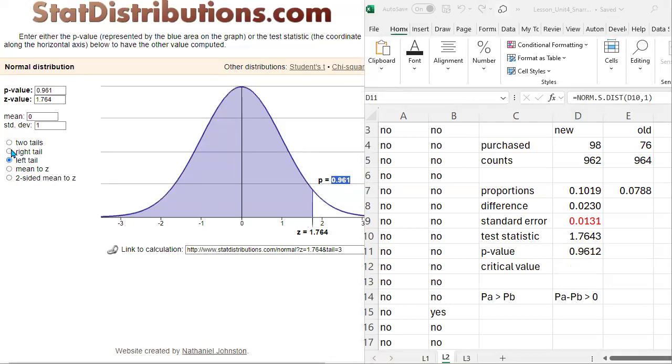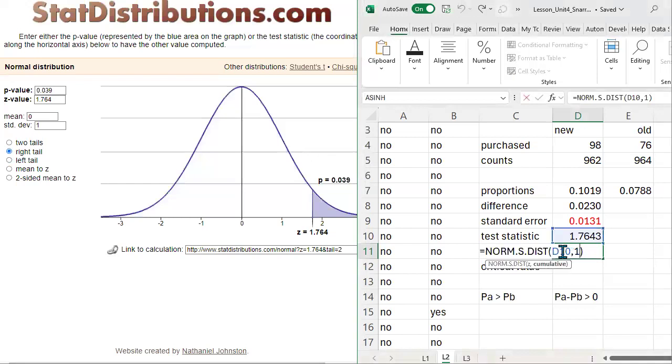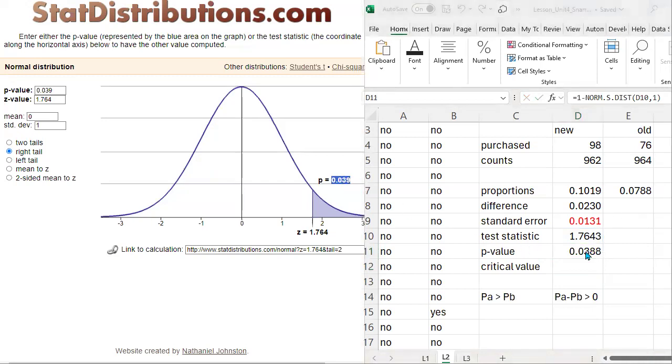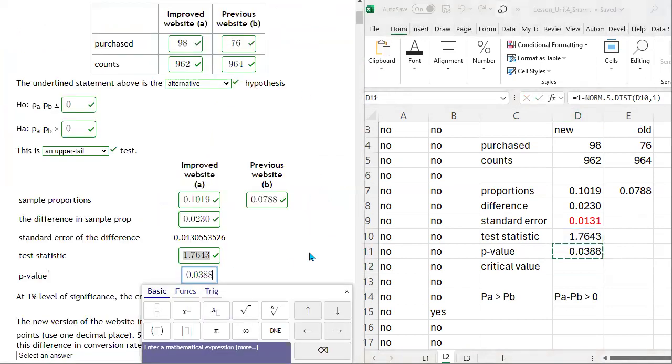I can just click on right tail. In Excel, I got to subtract it from 1, right? So I'm going to type 1 minus. Typing 1 minus norm.s.dist switches it from a left-tailed probability to a right-tailed probability. And we get 0.0388. Now, to 2 decimal places, the two agree, right? So this is what we want to use in MyOpenMath, 4 decimal place accuracy.